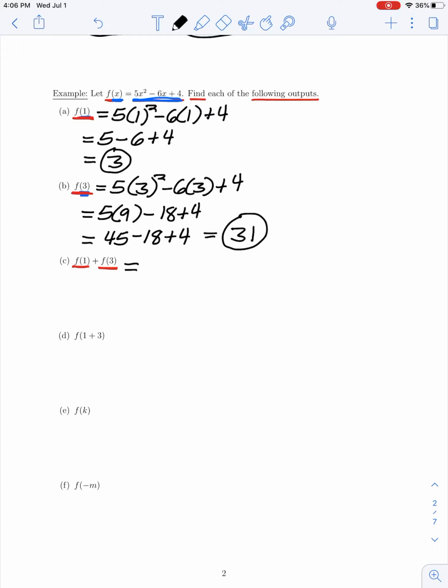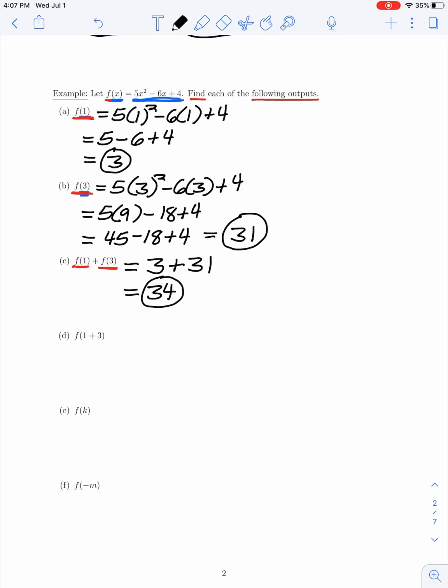So we found f of 1 was equal to 3 using part A, and then we're adding f of 3, which we just found to be 31 in part B. So the sum of those values is 34. So using our earlier work, we can find the value of the sum of those functions.